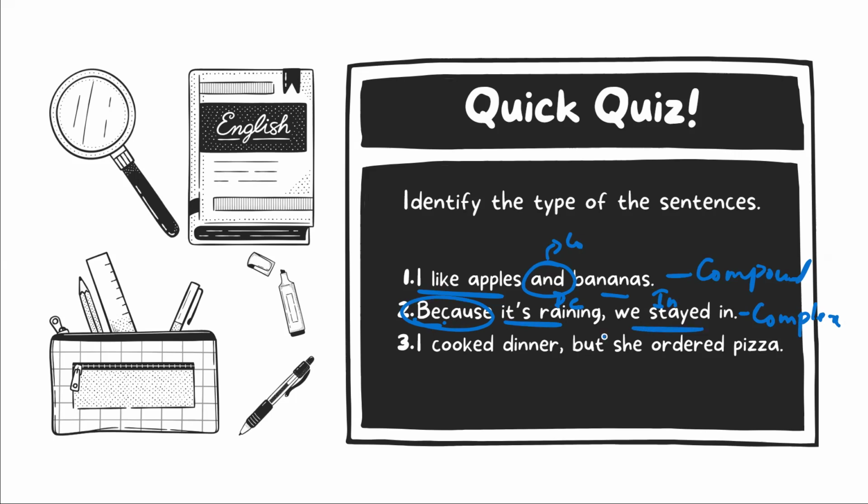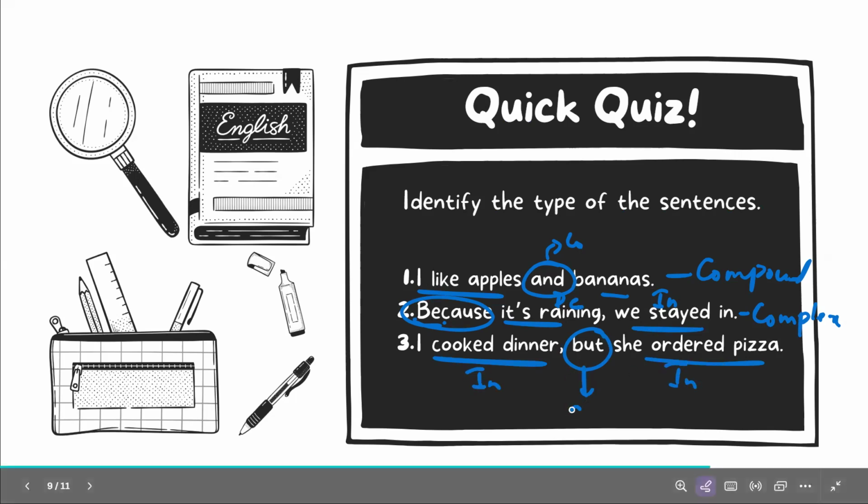I cooked dinner, but she ordered pizza. Here, again, two clauses. One is independent, the other is also independent, joined with a coordinating conjunction, which makes it a compound sentence.